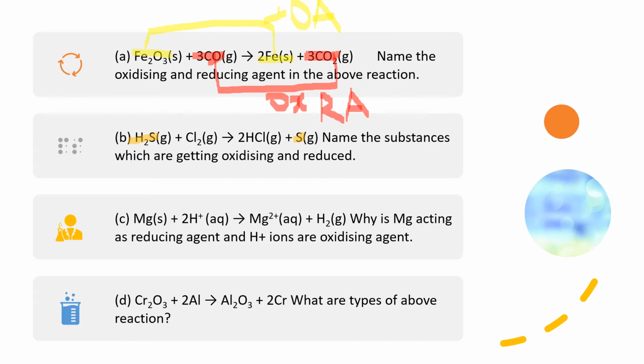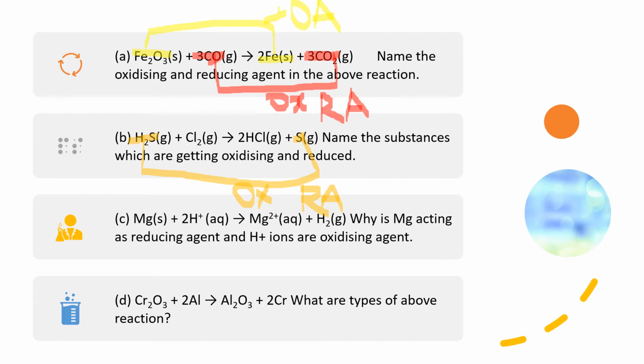Removal of hydrogen. Removal of hydrogen means oxidation. If it is oxidation, then H2S is the reducing agent. Clear? You got the point, right? Reducing agent.